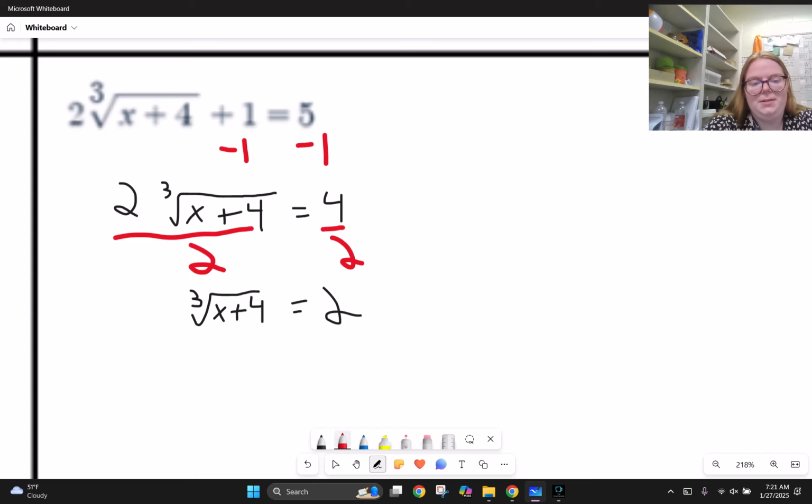Once that radical is by itself, now we can get rid of it. To get rid of a cube root, I cube both sides. That gets rid of it, so I'm left with x plus 4 on this side.